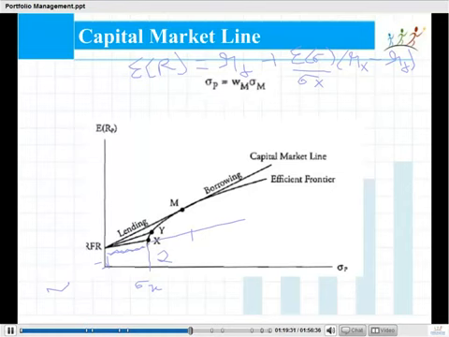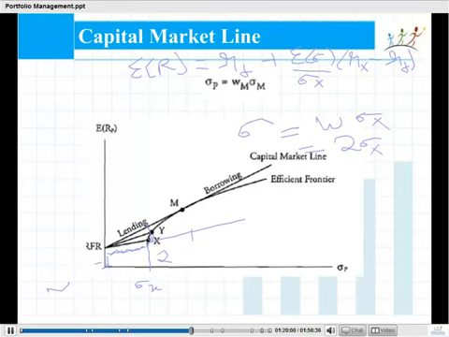If I want to increase my risk even higher than the risk of the risky asset, then what can I do? I can borrow money at the risk-free rate and invest it in the risky portfolio X, such that my risk will become even higher. My risk is equal to W times the risk of the risky portfolio, W into sigma X. If W becomes 2, that is I put twice the weight in the risky asset, this will become 2X.